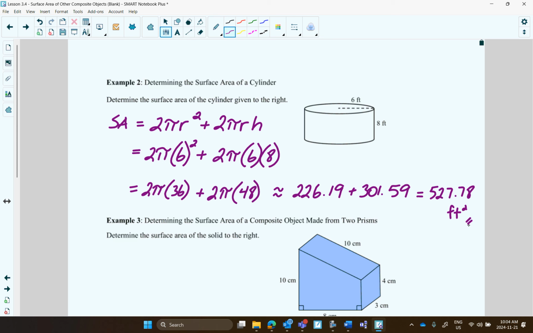Show you exactly how. So 2 times, multiply.